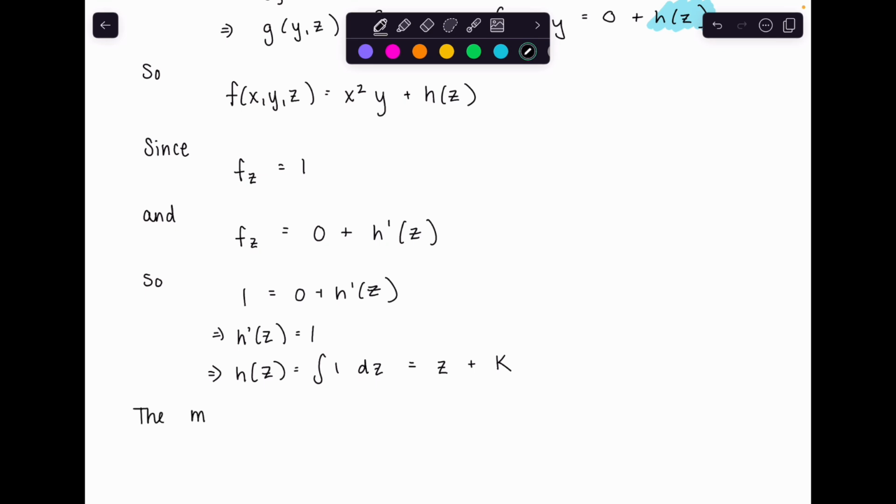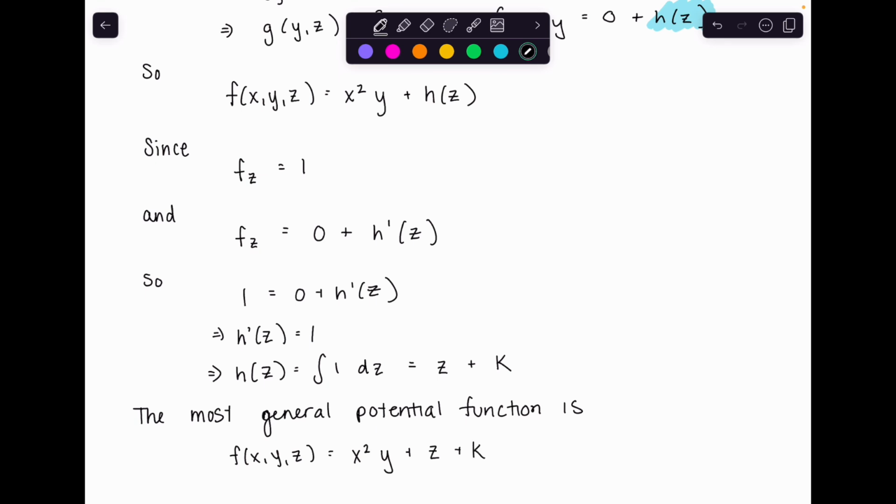So the most general potential function is the following. It is x squared y plus z plus k. So again, now I get to replace this just by z plus k.